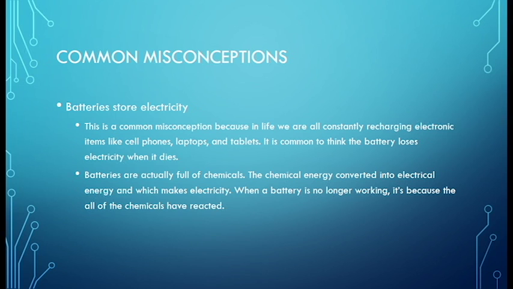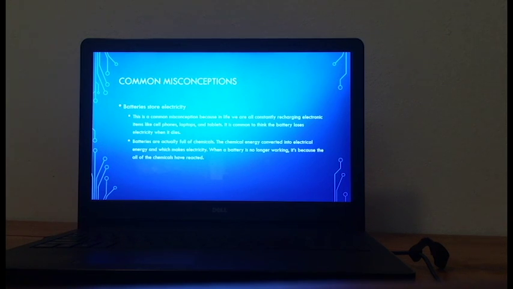Batteries do lose power, but what actually happens is that batteries are full of chemicals, and the chemicals in the battery are converted into electrical energy, and that energy is turned into electricity. So we go from chemical energy converted into electrical energy, and that is what makes electricity. So when the battery isn't working any longer, it's not because there's no more electricity in the battery, it's because the chemicals have all reacted and there are none left to react.